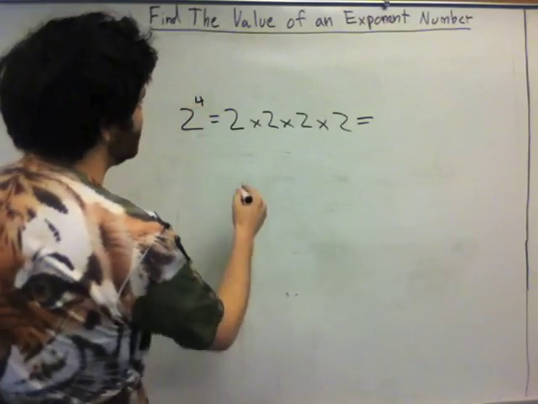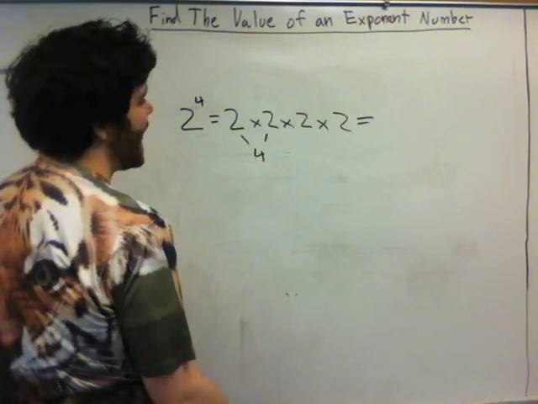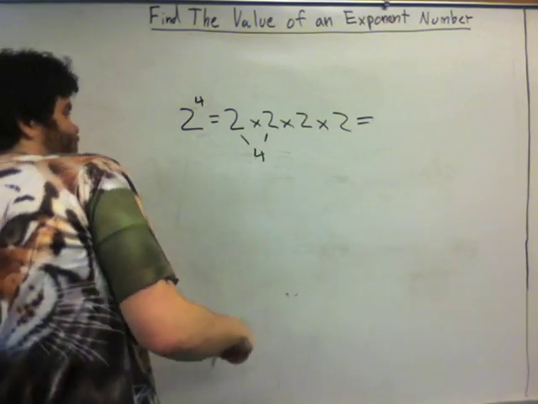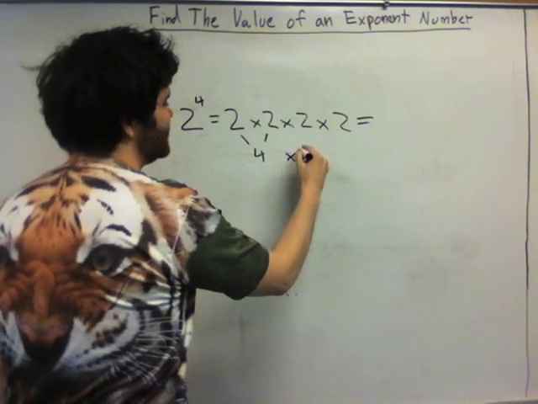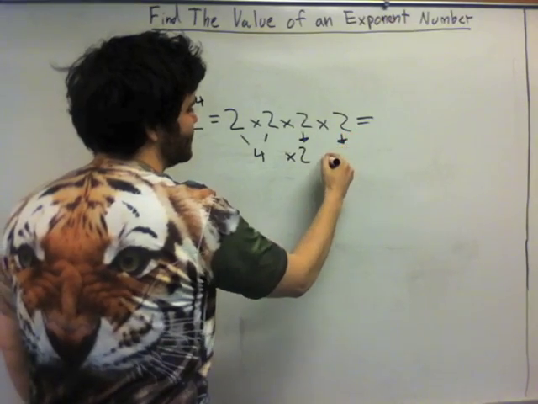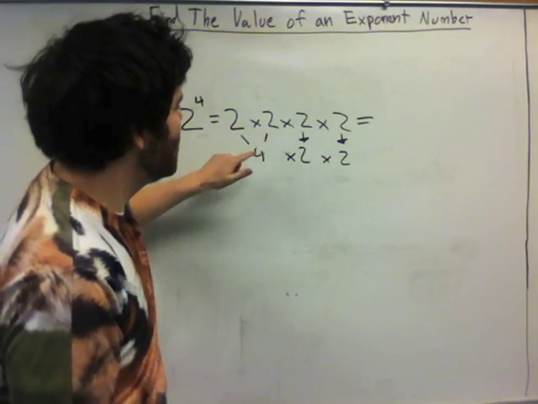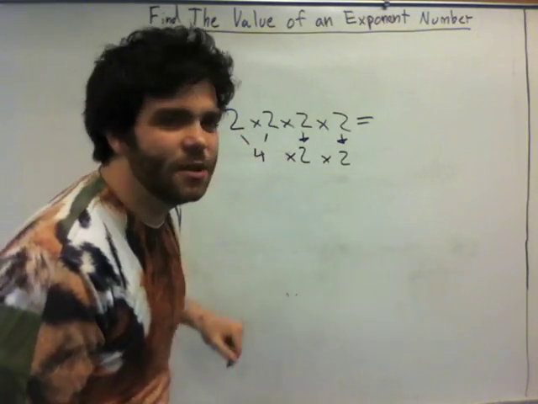All I say is, well, I know what 2 times 2 is. That's going to be 4. And I know what 4 times 2 is, right? I'm dropping this 2 down, and I'm going to actually drop this 2 down. So it's going to be times 2 times 2. So I just got rid of these two 2's. So that's 4 times 2 times 2.